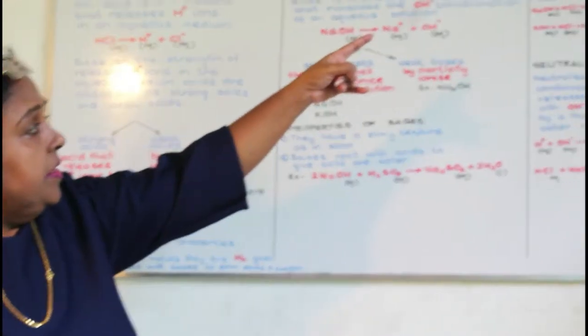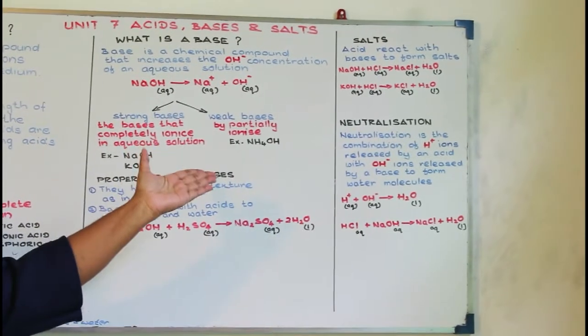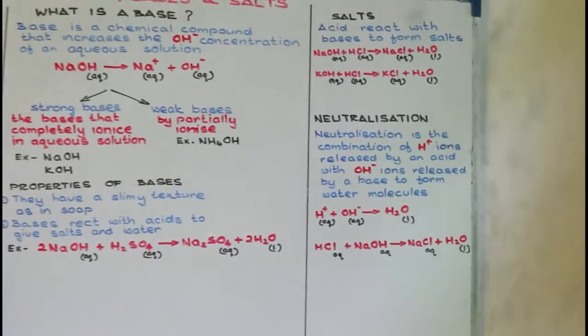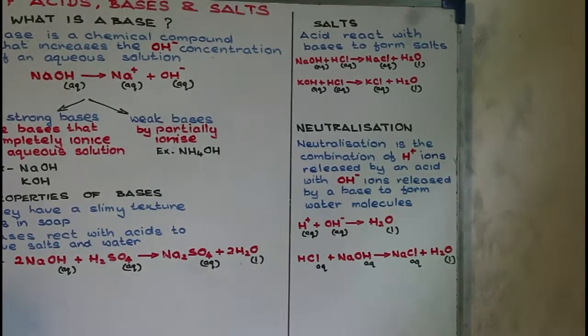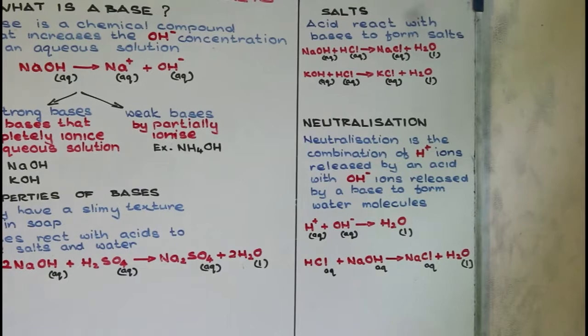Then when we consider salt, acids react with bases to form salt and water. Now the last one, salt: there are 2 examples given in your textbook, sodium chloride and copper sulfate. That is also very important. You have to study the uses of these 2 salts, copper sulfate and sodium chloride.